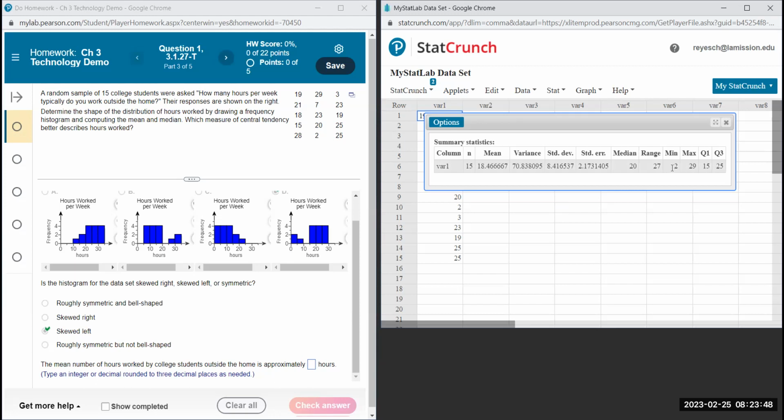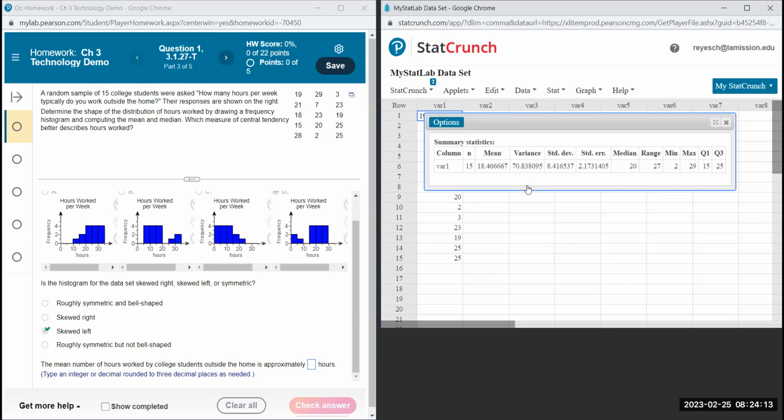The minimum, the least amount of hours reported, was 2. The highest was 29. The range means the difference between the least and the most worked hours, like 29 minus 2 is 27. And there are other values that are not here, that sometimes we use, called IQR. So I could go to options, edit, and pull that up if I needed to.